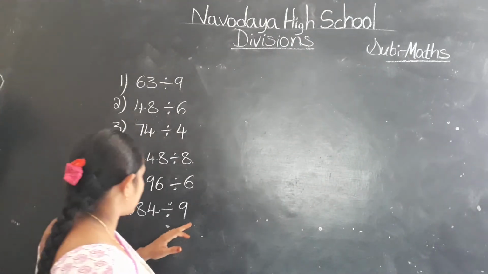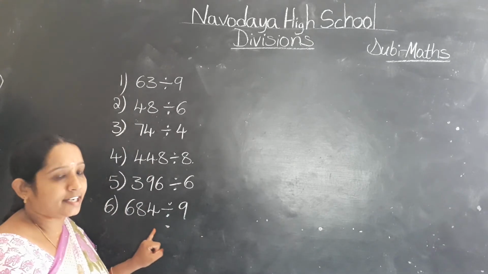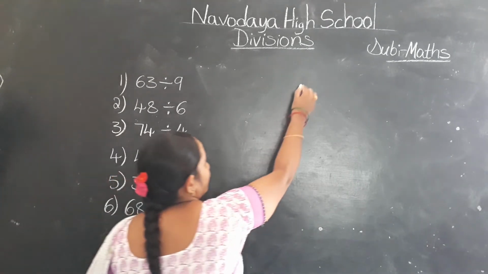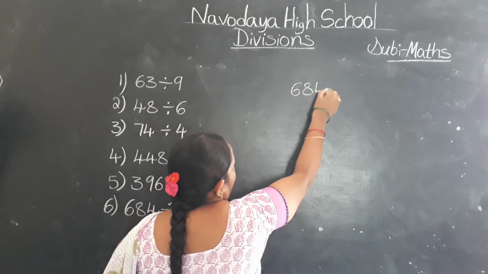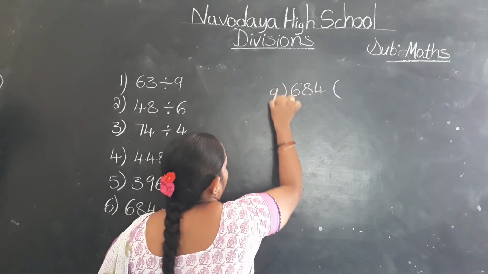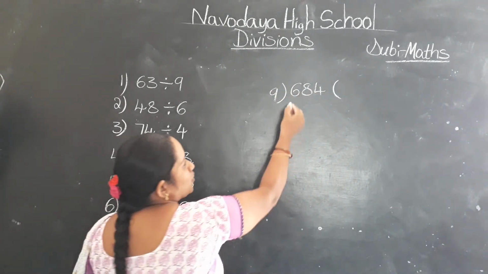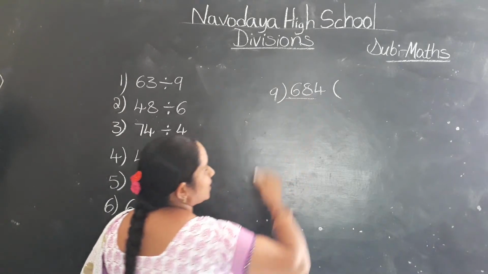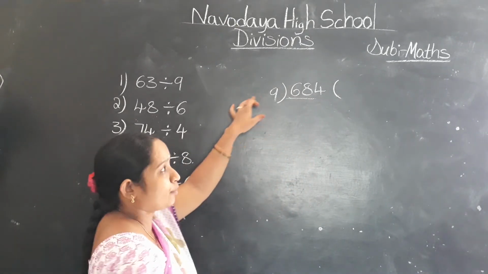Now next one, sixth one children, 684 divided by 9. Here also choose 2 digits, 68. 68 in 9 table.